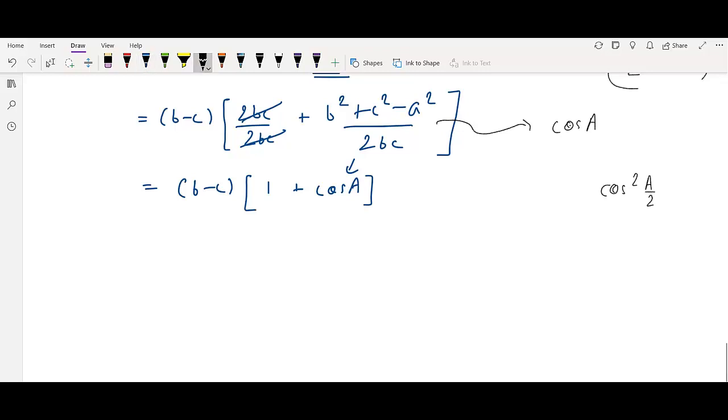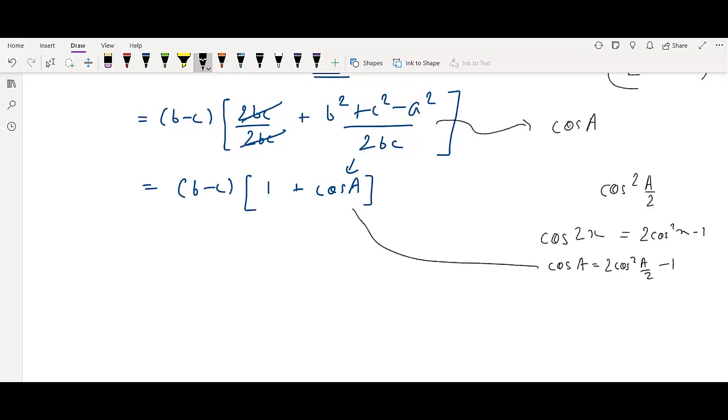Let me show you what I mean. Cos of 2x equals 2 cos square x minus 1. Okay, so if 2x is a, I have cos of a as 2 cos square a by 2 minus 1.